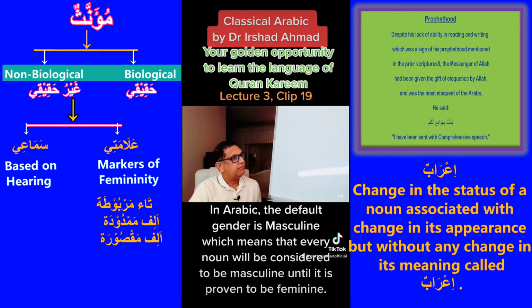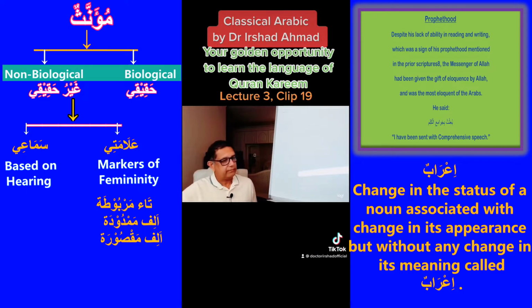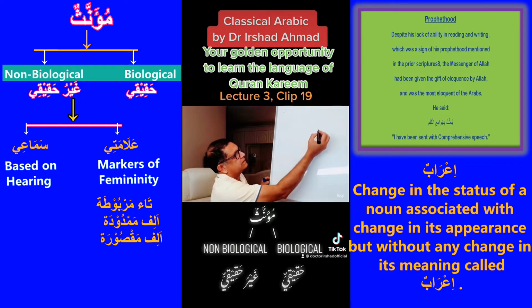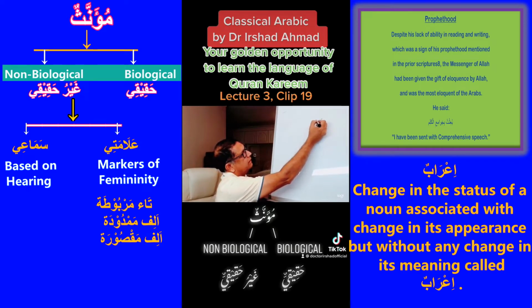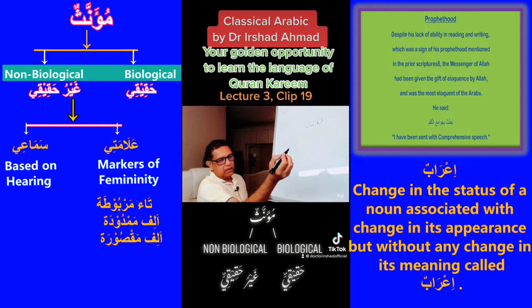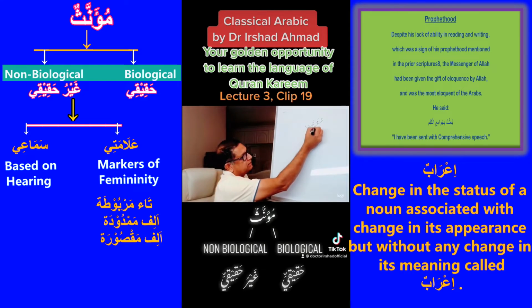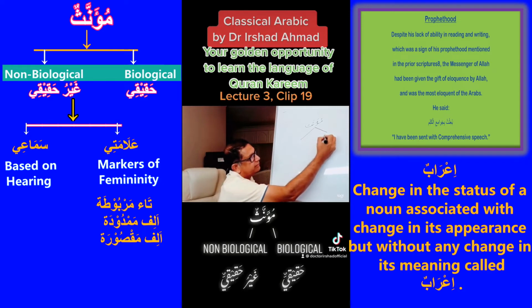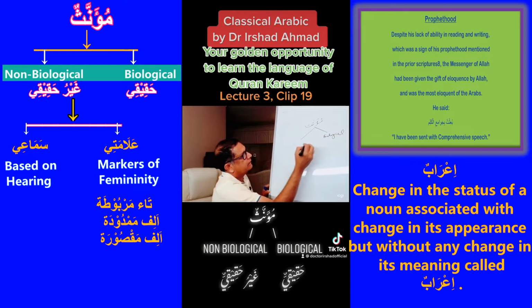So if I make a chart here, let's say muannas, put muannas here, and we can say that muannas is initially of two types, two categories. We can say biological and non-biological.